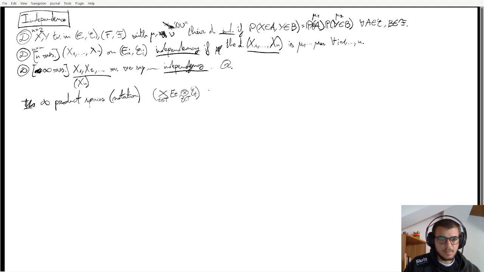So we denote a product space in this way, or alternatively as the product of the measurable spaces. So this is the product space, this is the product of the measurable spaces, and they coincide.